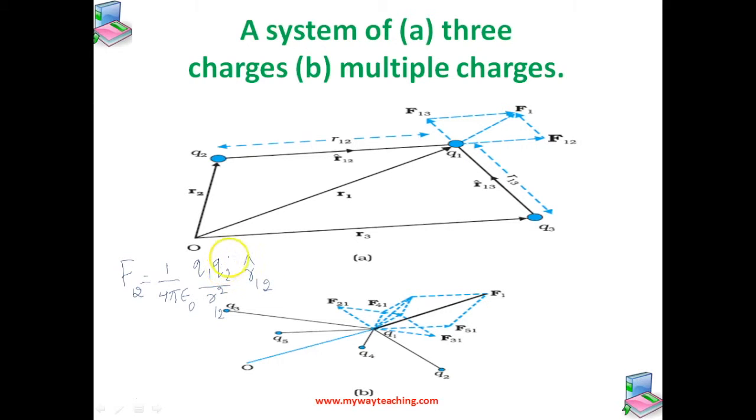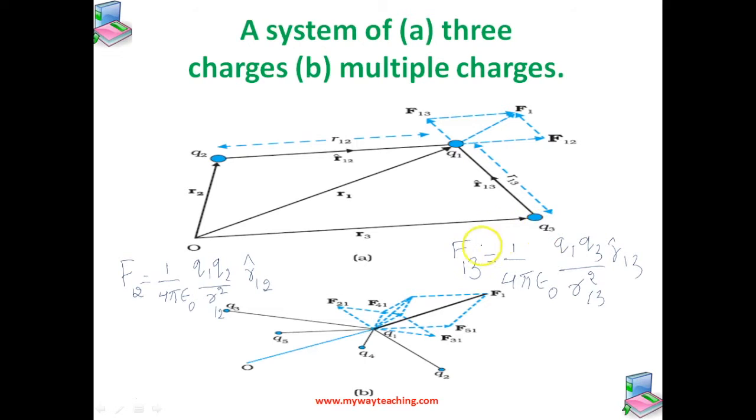In a similar way, the force on Q1 due to Q3, that also we can write, that is represented by F13. That is also 1 by 4 pi epsilon naught Q1 Q3 by R13 square and a unit vector R13.